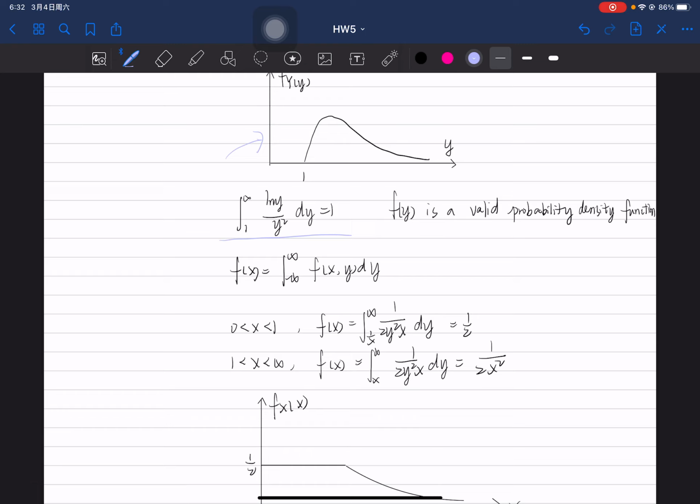Same as above, we can calculate the density function of X by integrating the probability density function of XY, and we can find that when x is larger than 0 and smaller than 1, the density function of X equals 1 over 2.